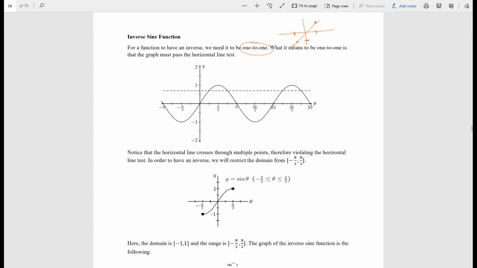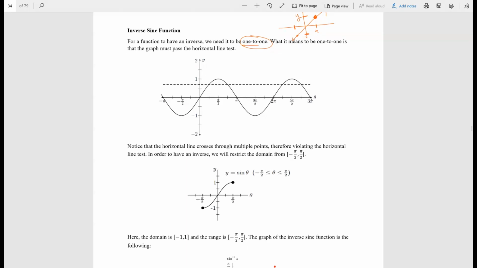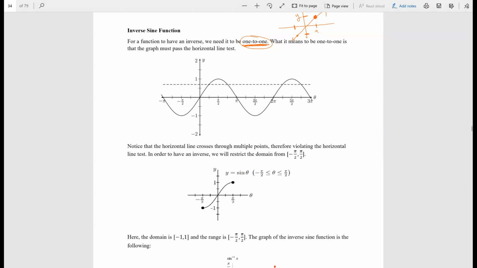For example, this guy is 1-to-1 because if you look at a random y, there's only going to be one particular x. One way that we know if something is 1-to-1 is that we use not the vertical line test, which is for functions, but something called the horizontal line test.